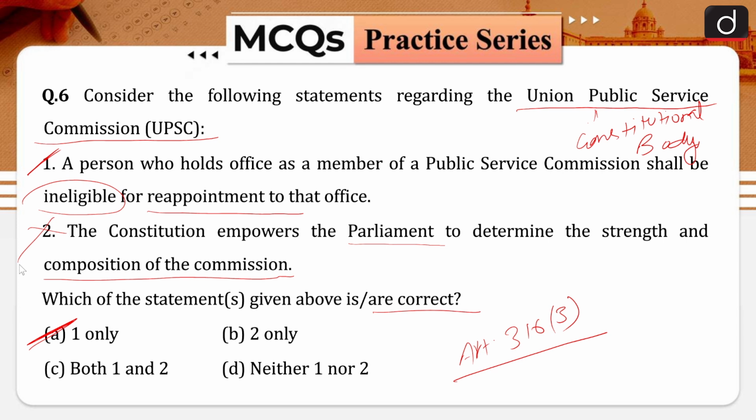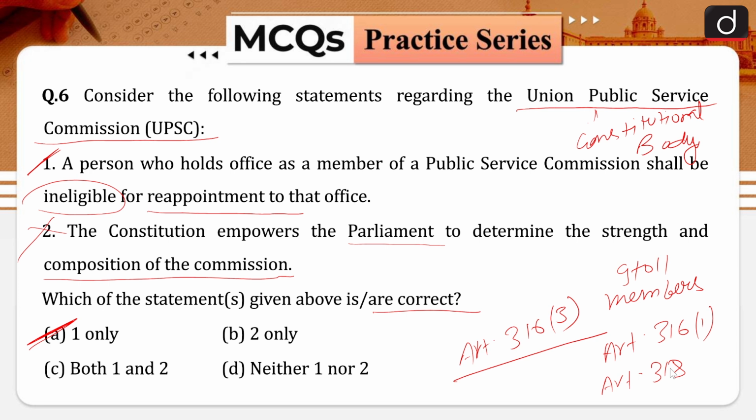Consequently, in pursuance of Article 316 clause 1 of the Indian Constitution, the President appoints 9 to 11 members to the Commission, including the chairman, and Article 318 of the Indian Constitution empowers him to determine their conditions of service.